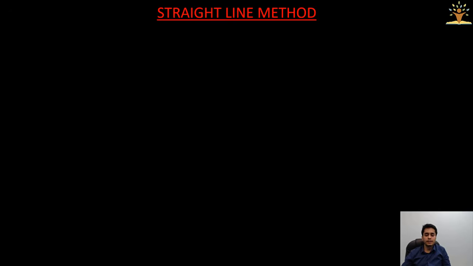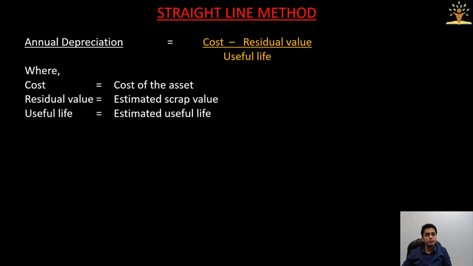Okay, straight line method. Let's look at the formula, how to calculate depreciation under the straight line method. Annual depreciation, we have a formula given in the syllabus: cost minus residual value divided by the useful life. Cost is the cost that you've paid upfront for acquiring the asset. Residual value is the estimated scrap value which you think the asset could be sold for after you've used it for its useful life.